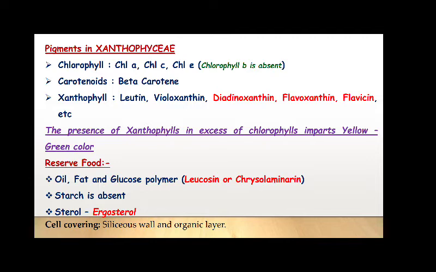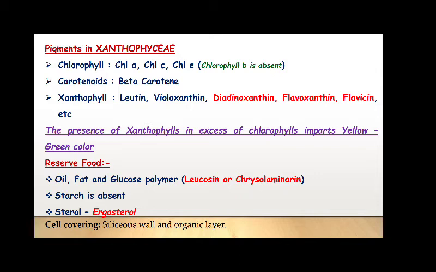The next important character is the reserve food material. The chief reserve food materials are oil and laminarin. Oil, fat and laminarin, chrysolaminarin or leucosin, which is a glucose polymer. Whereas starch, the chief reserve food material we studied in Chlorophyceae, is completely absent.